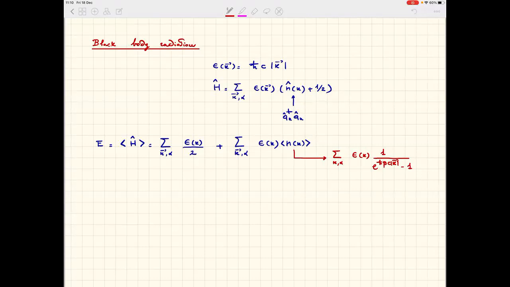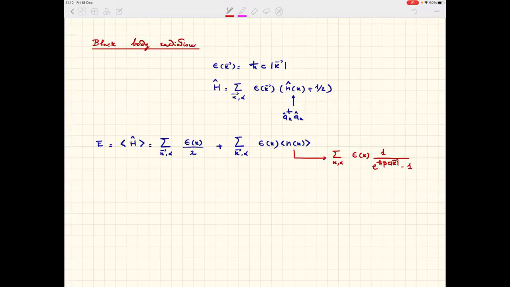Now, you should notice one thing here: photons do not have a chemical potential. Why do photons not have a chemical potential? Because photons are not like atoms. You don't create or annihilate atoms. The number of atoms is conserved. You have a certain number of atoms and that's it.